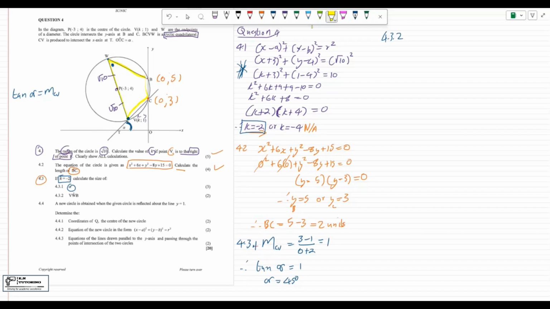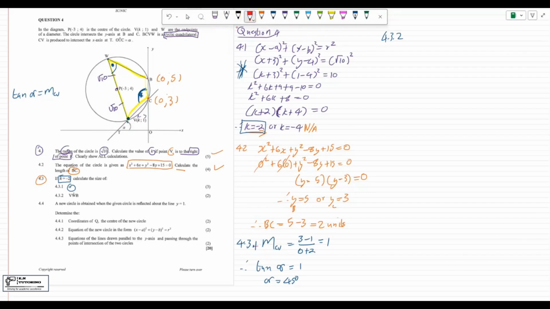All right. So I already know that when I add this angle and this angle, they must give me 180 degrees because opposite angles of a cyclic quad are supplementary. Now the question is, can I find this angle? How can I find that? I'm going to try something very interesting.